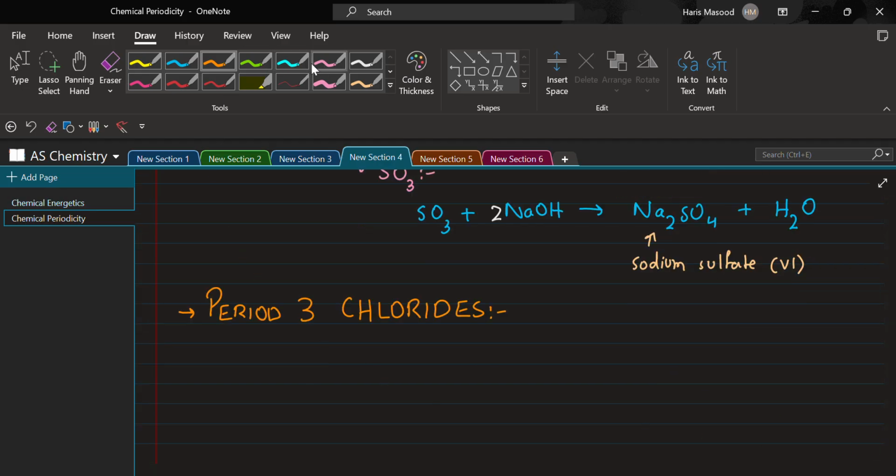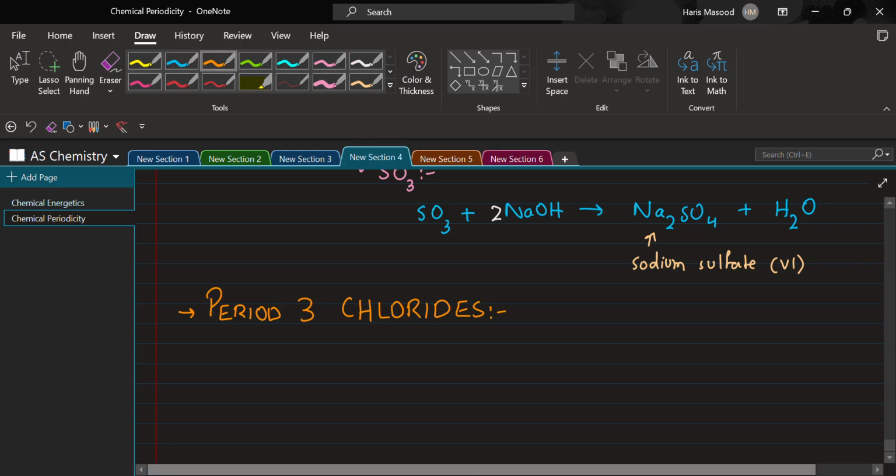For period 3 chlorides, you have again one table to first analyze the properties of period 3 chlorides.